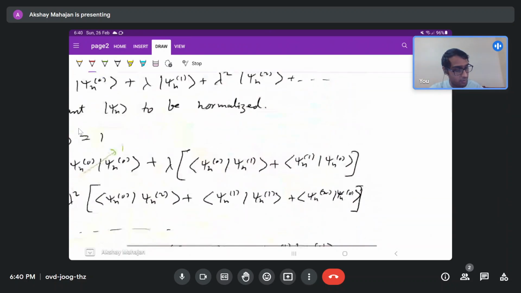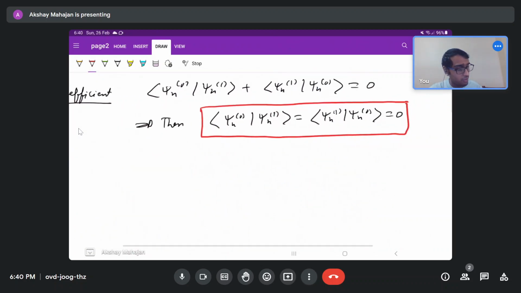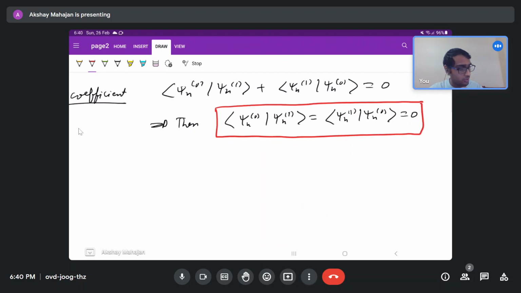Here we have explicitly proved that the wave function of the 0th order will always be perpendicular to the first order correction wave function, for any value of n. So this is a proof.